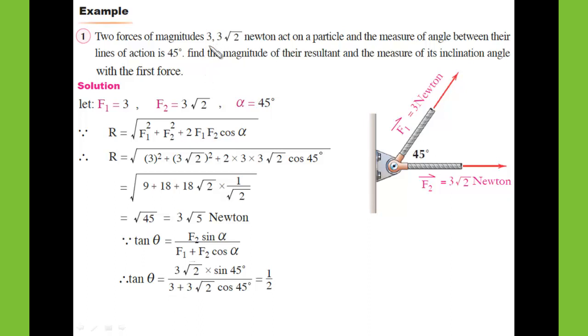The first force here is 3, so we write 3 plus 3 root 2 cosine 45, which equals half. Using the calculator, we can find that the measure of angle theta equals 26 degrees, 33 minutes, 54 seconds.